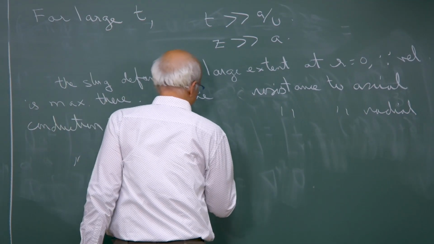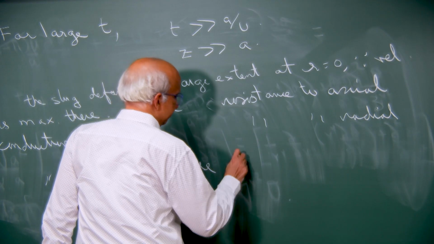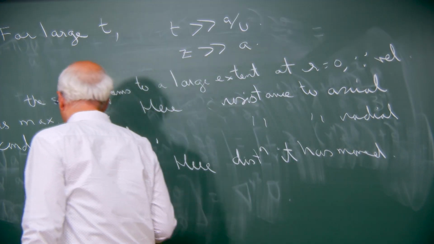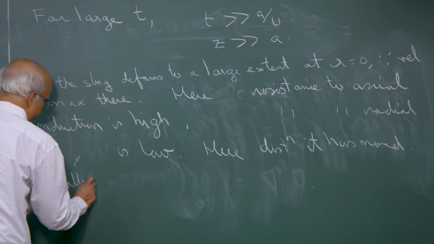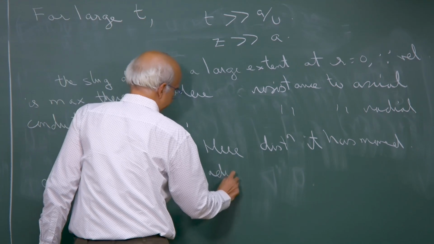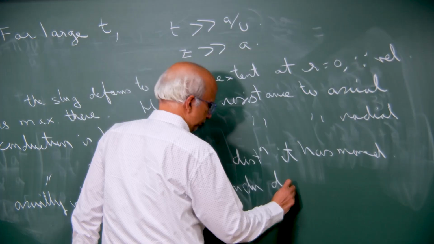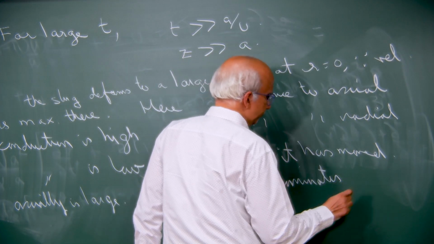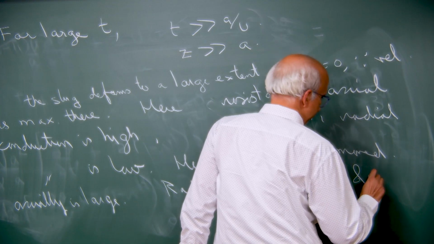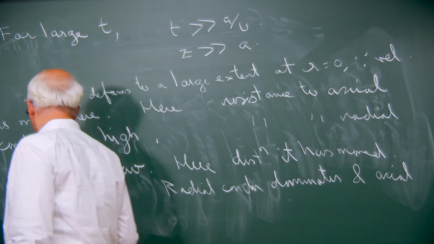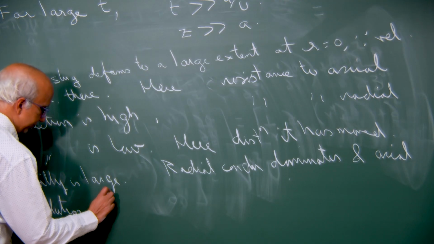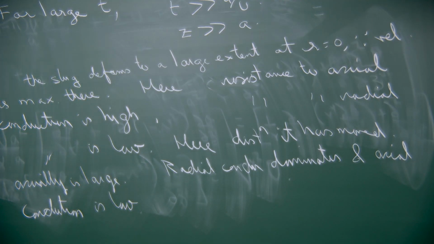Basically the distance it has moved axially is large, and therefore radial conduction dominates and axial conduction is low.